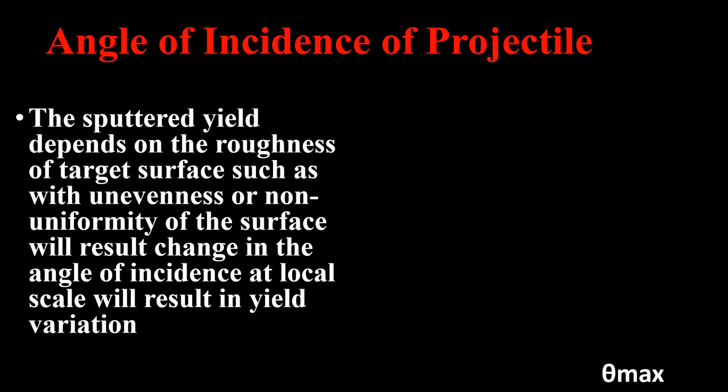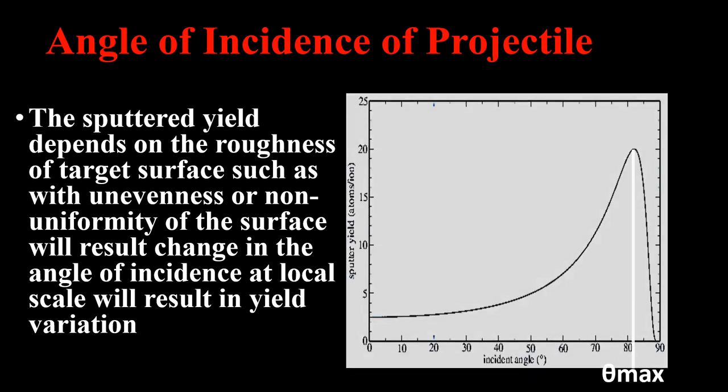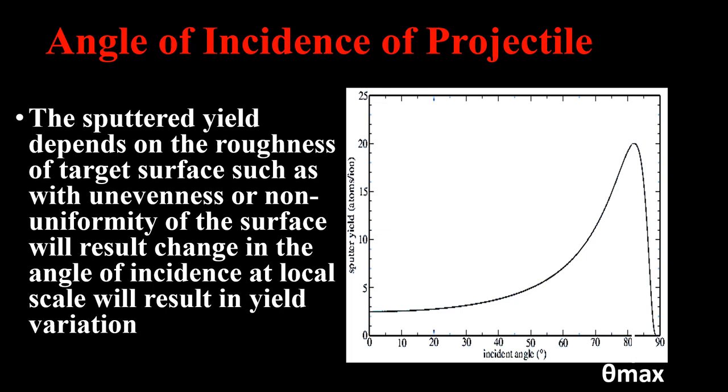So both angles result in the net sputtering yield. The angle of incidence is explained on the basis of the sputtering yield, okay?